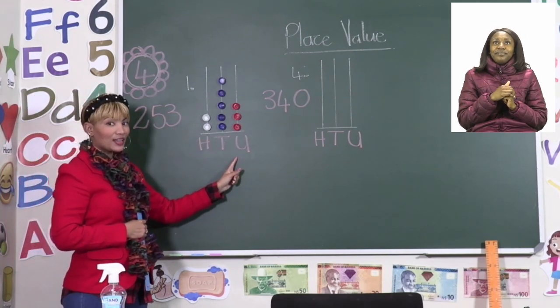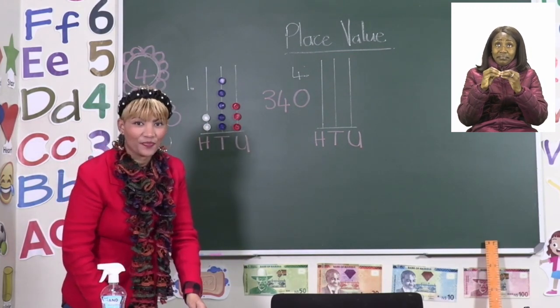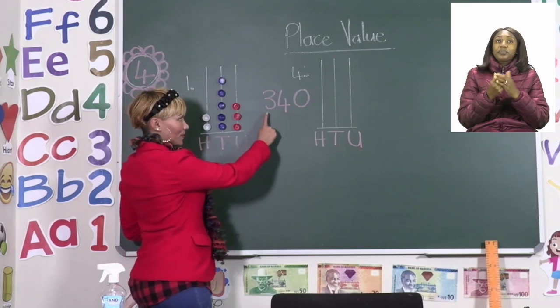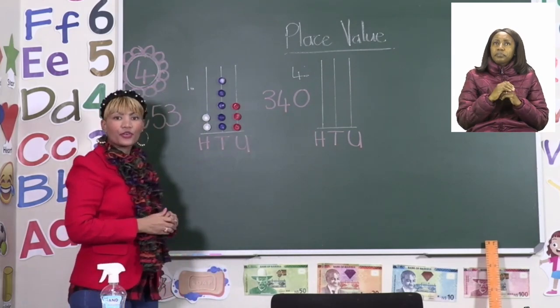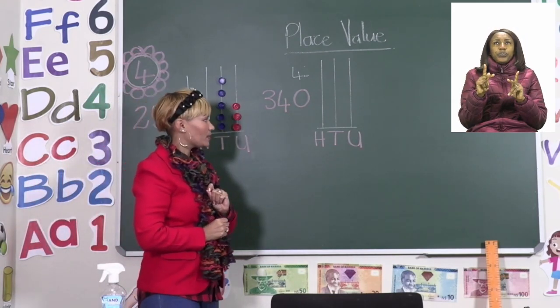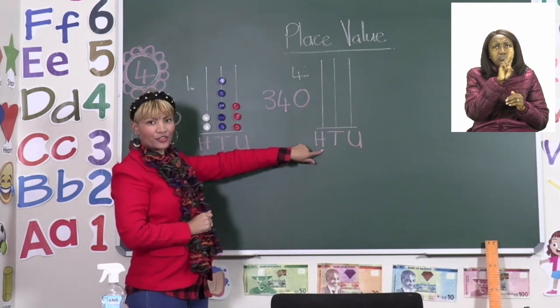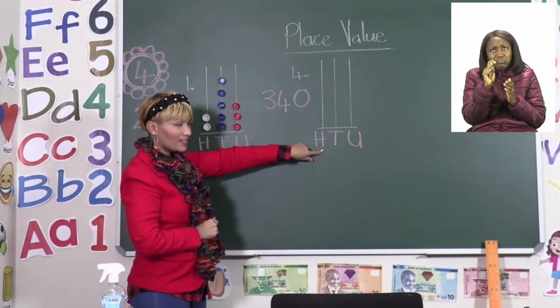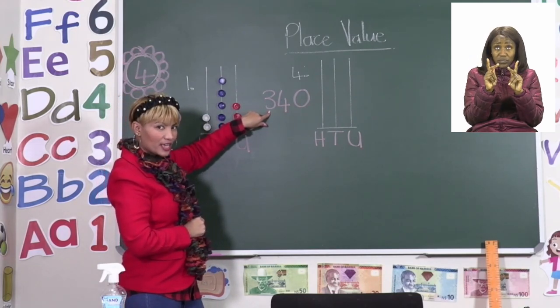Okay, now we can do number 4 together. Let's read the number 340. Now, boys and girls, tell me, how much do we have for our hundredths? That's right, we have a 3.